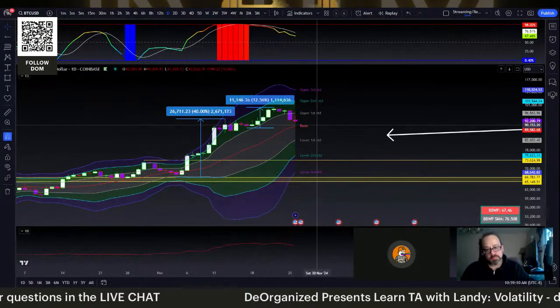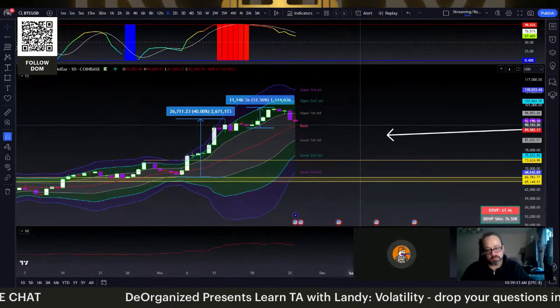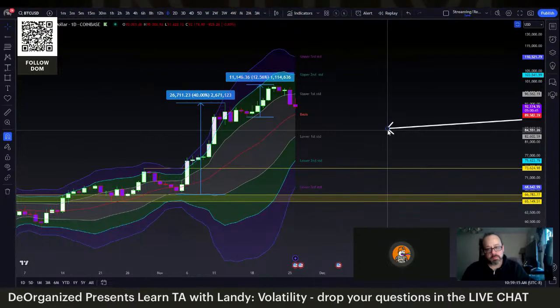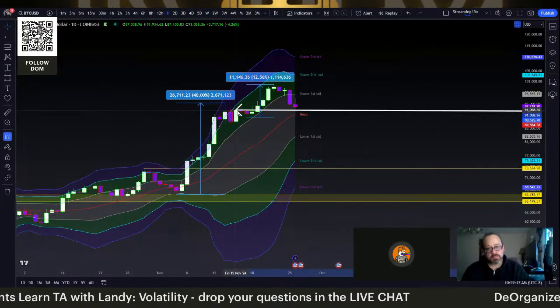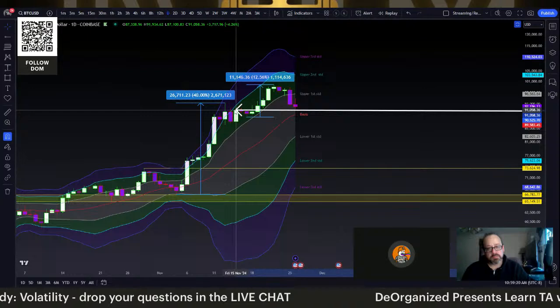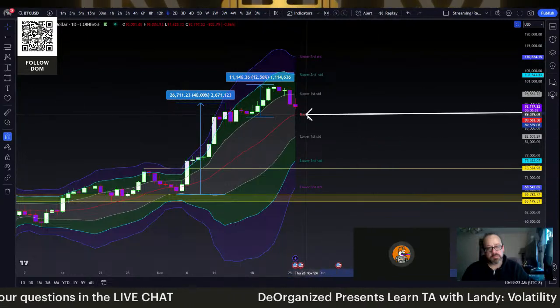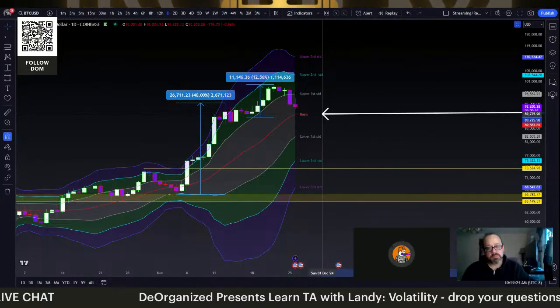And at some point you're going to get mean reversion, right? Right now this is shallow mean reversion to a support area, right around the high side of this structure right here, towards the basis band or the 20 simple, right?